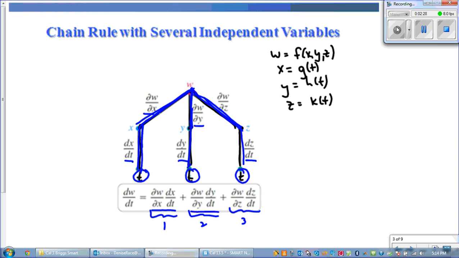And the partial of W with respect to Z times dz/dt. So those are the three rates of change that contribute to the overall change in W with respect to T. So there's our chain rule. We have the one independent variable T, but we have the several intermediate variables X, Y, and Z.